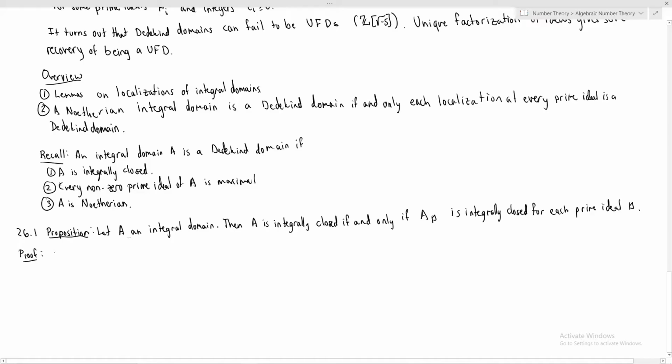First we're going to show that if A is integrally closed, then each localization is as well.